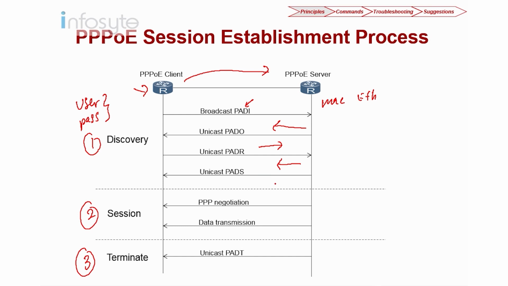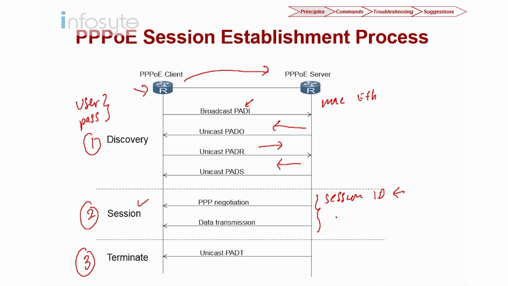This is where the session is established. It goes into the second phase, which is our session. Now in our session, the session ID will be created to identify that this is a client. This unique ID identifies this session, and data is being transmitted.